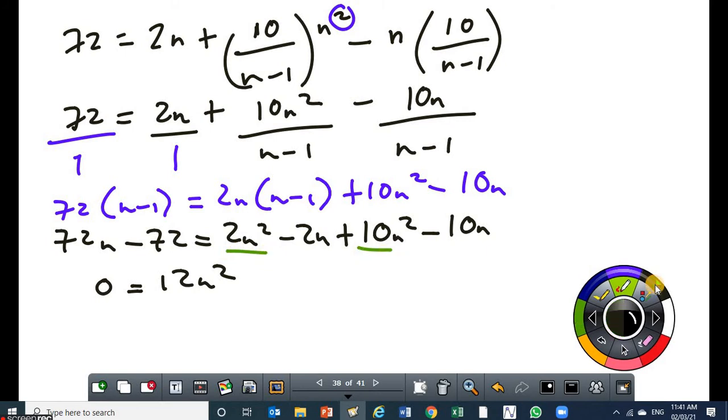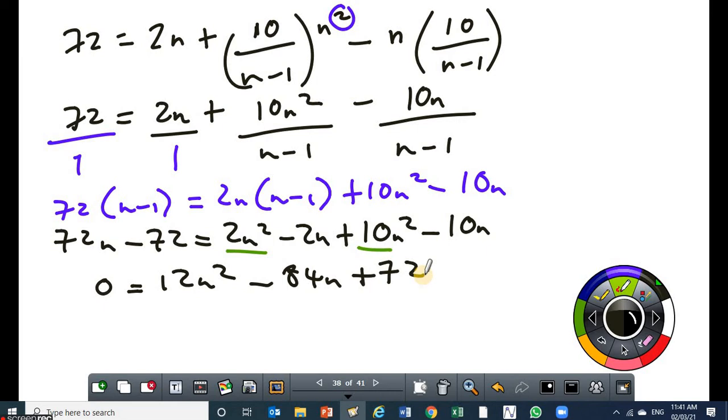Then I'll take this positive 72n to the right. Now these two will give me minus 12n. If I take that 72n, I'll end up getting minus 84n. Then this minus 72, if I take it to the right, becomes a plus 72.